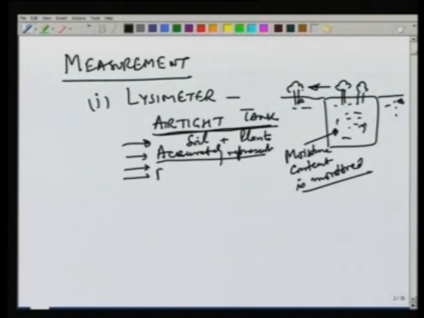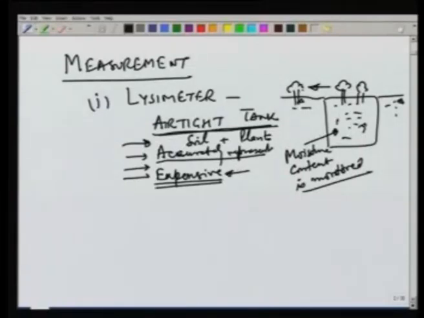Naturally it's expensive to install and monitor. So, typically it's not used very often, but if we are interested in high accuracy results and we are not concerned too much about money, we can install lysimeters in the field and measure the amount of evapotranspiration from that.